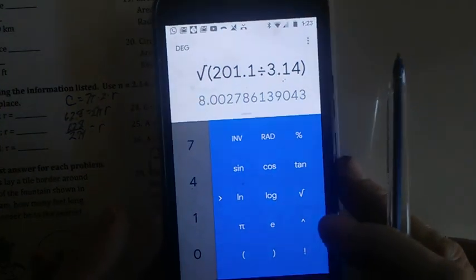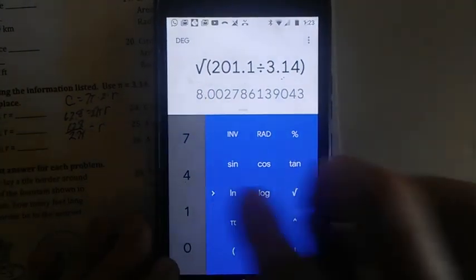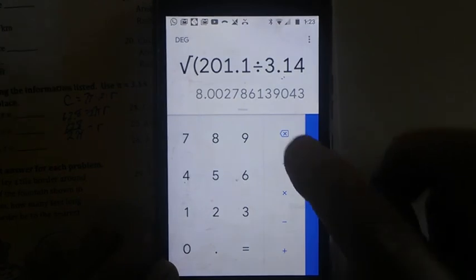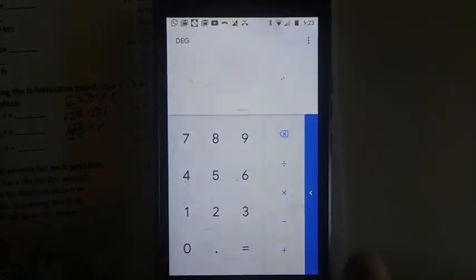Okay, we're going to clear it. What is it, 78.5? 78.5. I forgot I want to take the square root first.